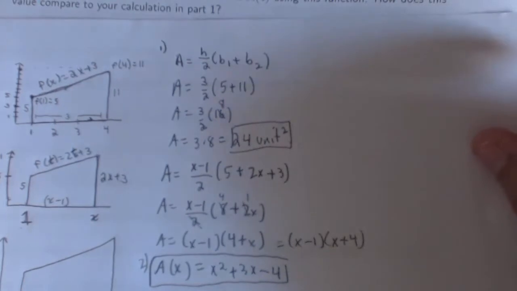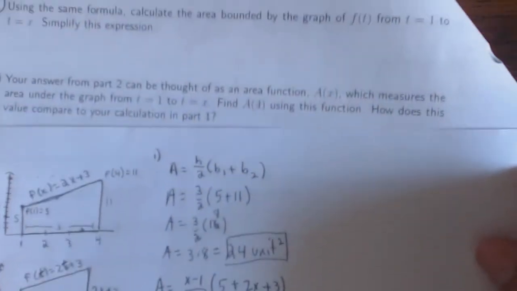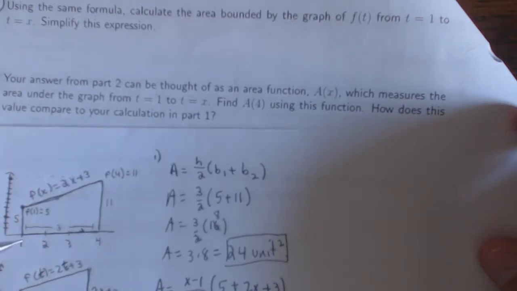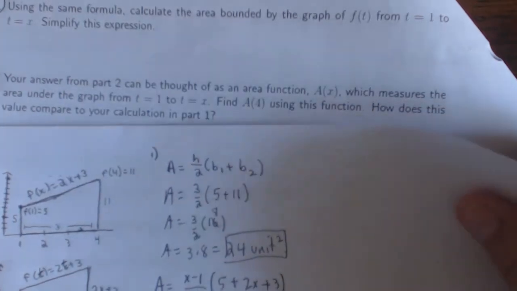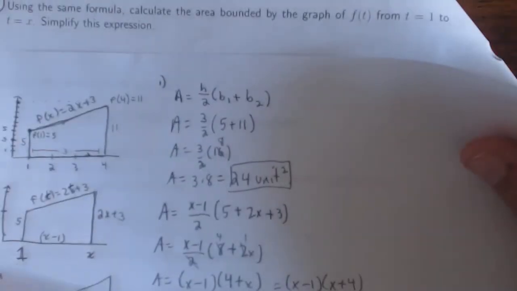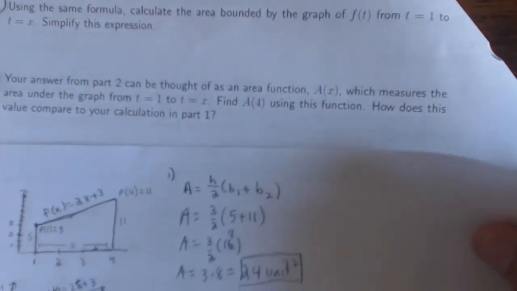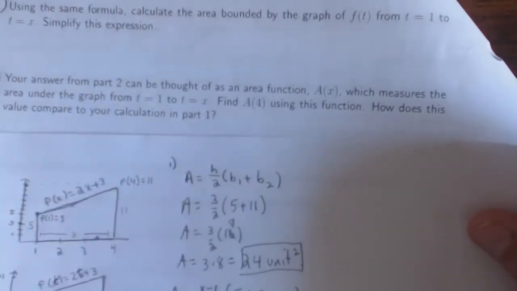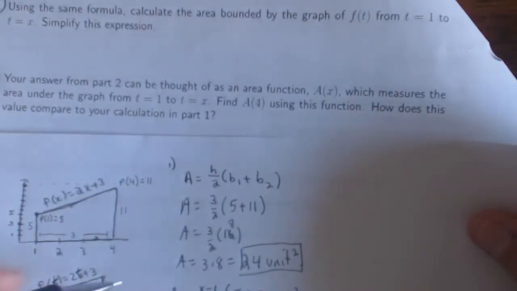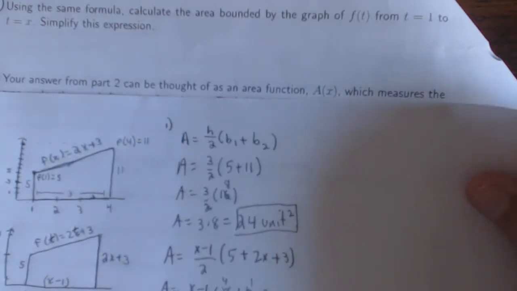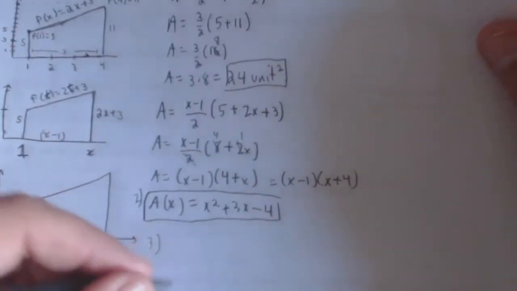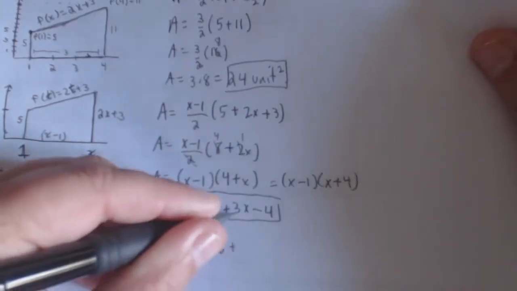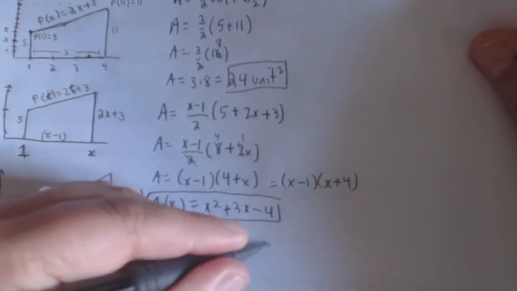Okay, and then it says your answer from part 2 can be thought of as an area function, A of x, which measures the area under the curve from 1 to x. And it says find A of 4 using this function. Okay, so if we want to find A of 4, we'll plug 4 in. 4 squared is 16, 3 times 4 is 12, minus 4.